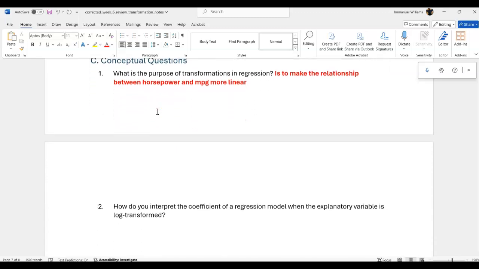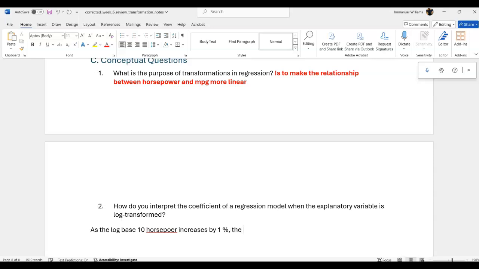So let me write that out so it makes more sense. So as the log base 10 horsepower increases by 1 unit, not 1 unit, 1%, I got messed up there.